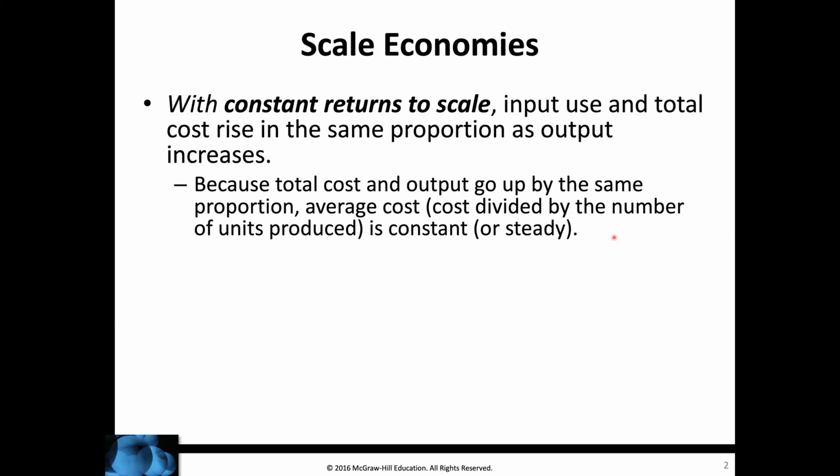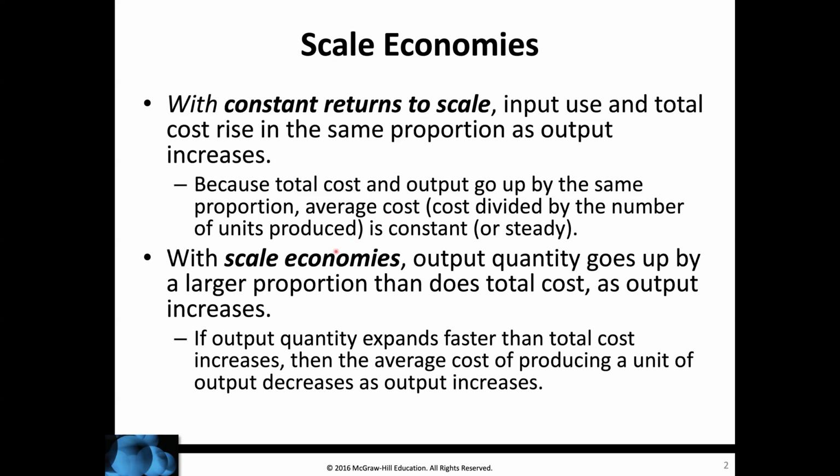So what we're saying is, if you increase your output, the cost per unit will stay the same. Your costs go up by the same amount that your output goes up. And so it's proportional, it's constant. We call this constant returns to scale.